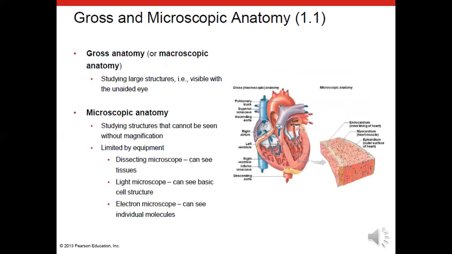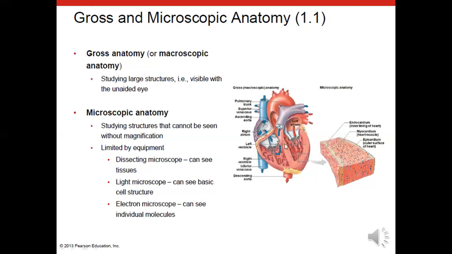Gross anatomy, and I'm going to pull up my cursor here. There it is. Gross anatomy would be studying structures that you can see with your eye. No need for a microscope to see those structures. Like, here is the heart in macroscopic or gross anatomy, and you can see here's the right atrium, one of the 4 chambers of the heart that blood flows into and out of.